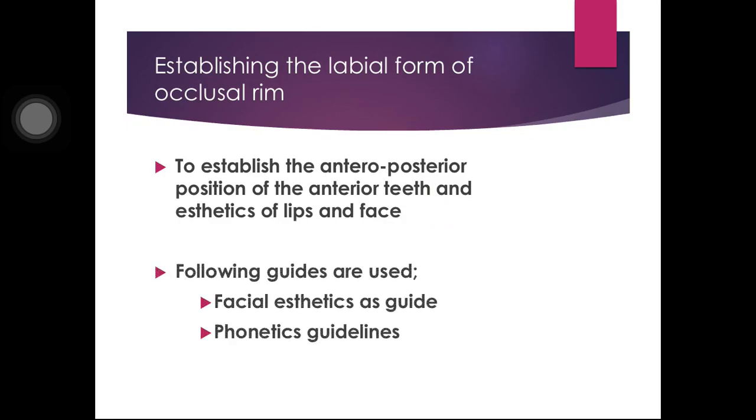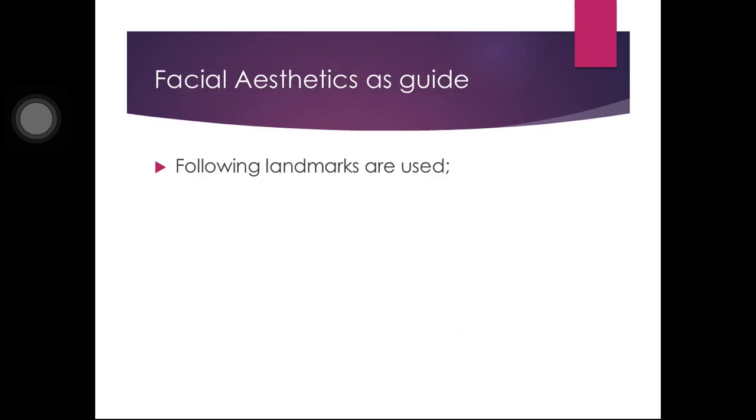First, some guidelines: this step is subjective in nature. It's dependent on the dentist's ability to evaluate the aesthetics. So the first guide is facial aesthetics, and then there are phonetics guidelines as well.